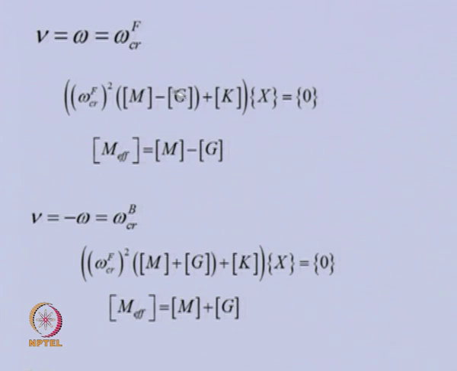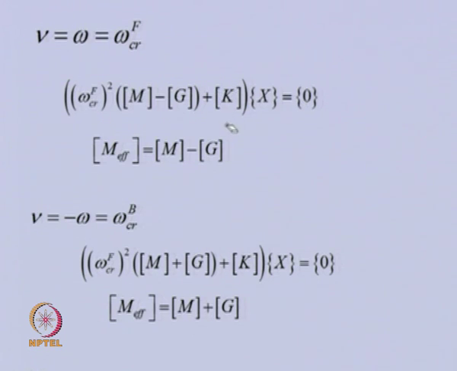That we have taken common, and this is the K matrix. Basically, in this case, you can see that this is something like the effective mass of the system. Because of the gyroscopic couple, the effective mass is getting decreased, and as we know, the critical speed is nothing but stiffness by effective mass.